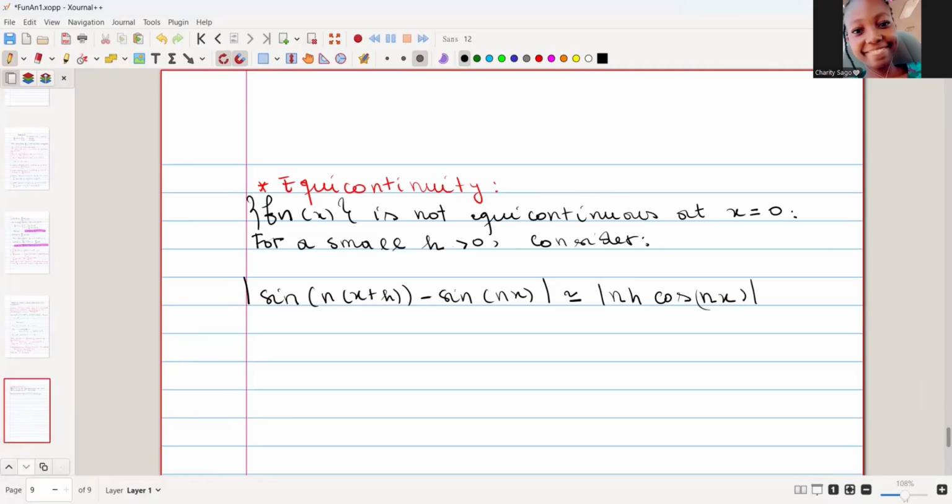If you have your function, maybe like this is your function. Of course, let me write the truth. So this is equal to f prime of c times (n(x plus h) minus nx), and c belongs to this interval.